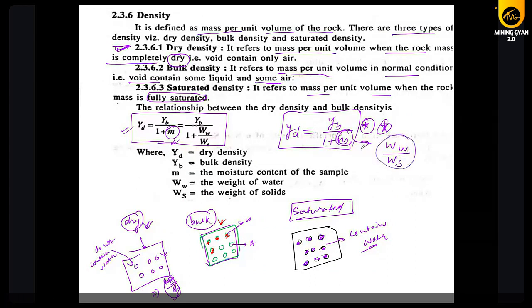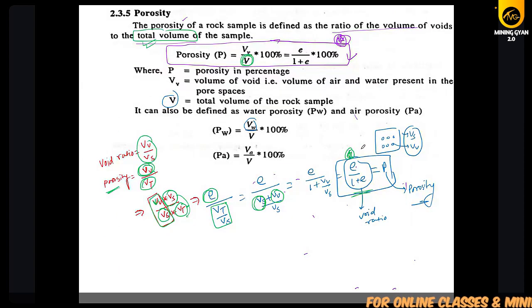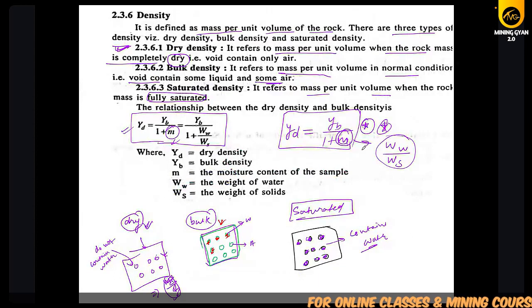Okay. So what we have discussed till now, we have seen density. What is density? Mass per unit volume of the rock. There are three types: dry density, bulk density, and saturated density.